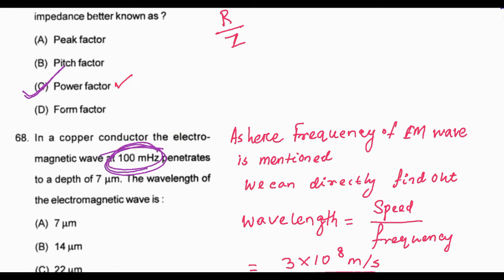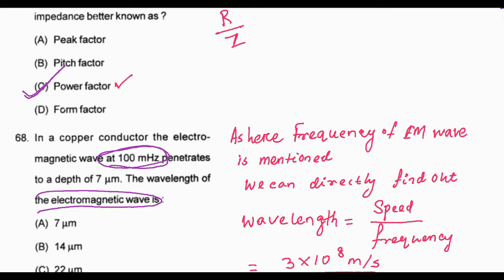Because this is asking about a copper conductor and the electromagnetic wave at 100 millihertz, the wavelength of the electromagnetic wave is what this is asking. So we already have the frequency of that wave and we have to find the wavelength.